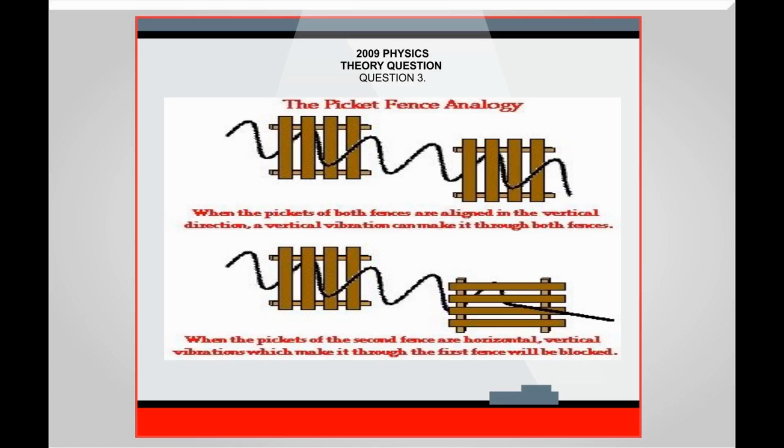This is depicted in the diagram below. The picket fence analogy. In the same manner, two Polaroid filters oriented with their polarization axes perpendicular to each other will block all the light. Now that's a pretty cool observation that could never be explained by a particle view of light.